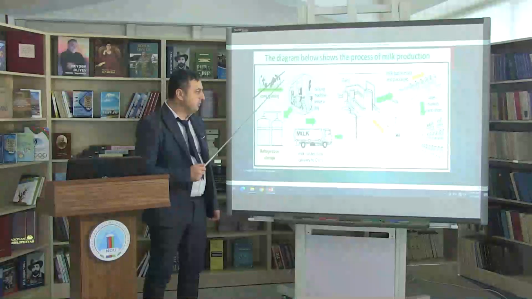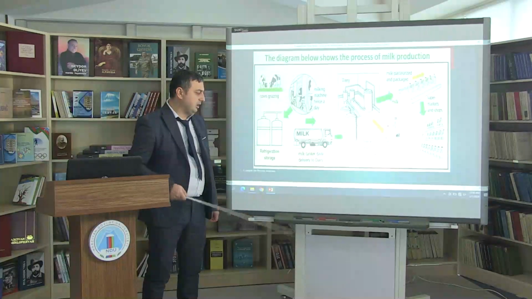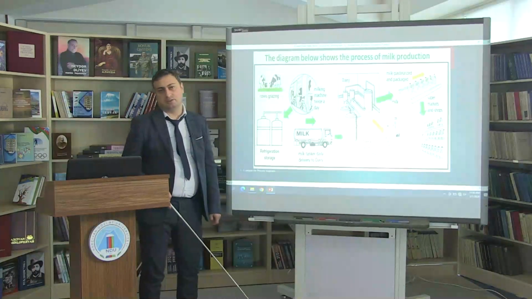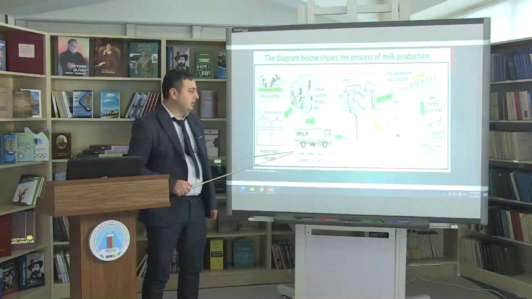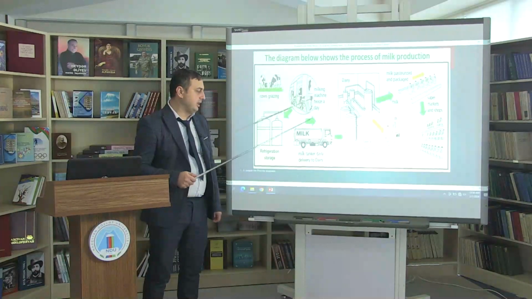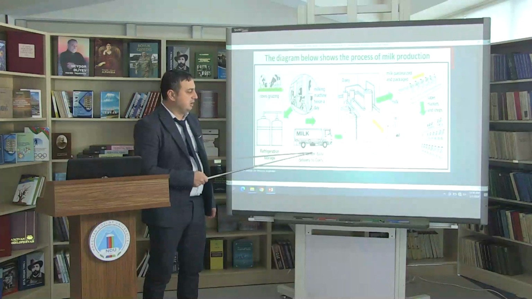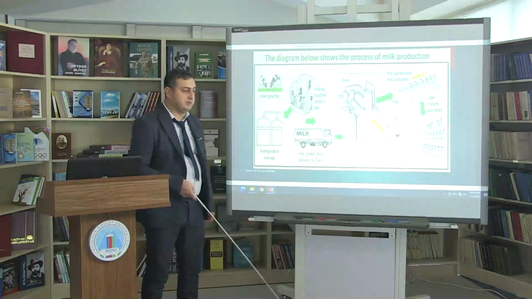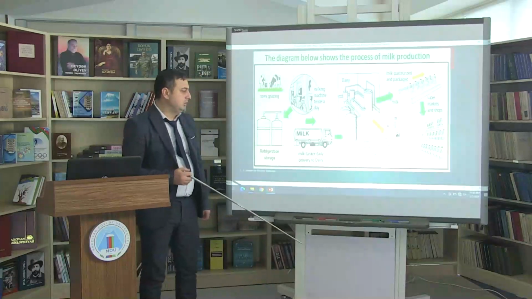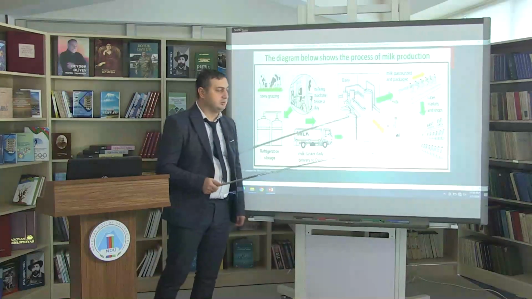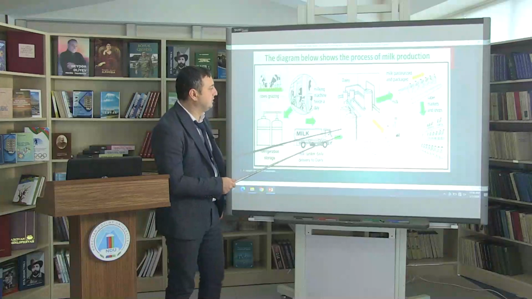And after milking the kine, they are sent to refrigeration storage, and then they are carried to the factory by milk tanker. It is delivered to the dairy to produce the dairy products.